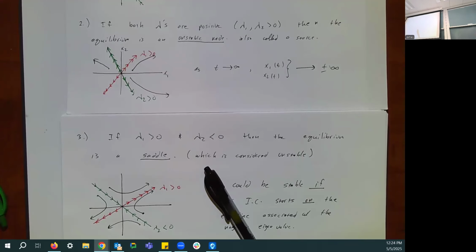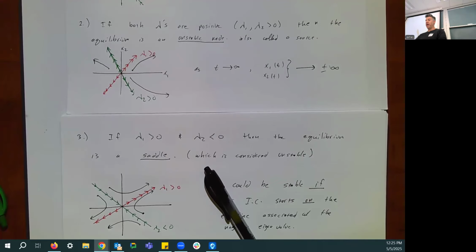We'll see a similar condition for stability or instability when the eigenvalues are complex. The stable and unstable part really depends on whether the real part is positive or negative. So just like here, when both the eigenvalues are real and positive, we get instability. We'll see later on that if you have a complex eigenvalue where the real part is positive, you get instability.